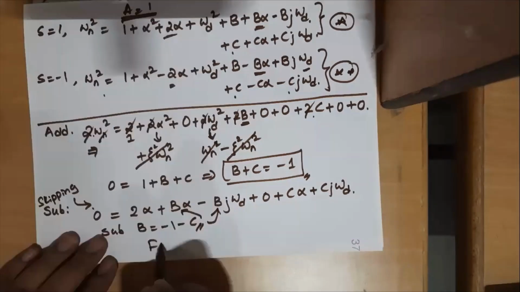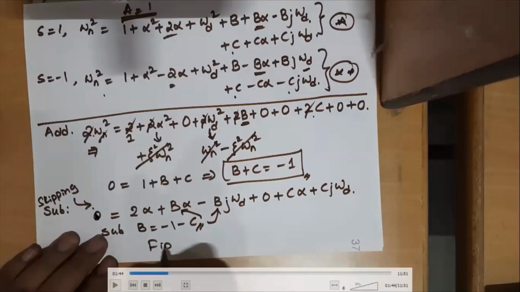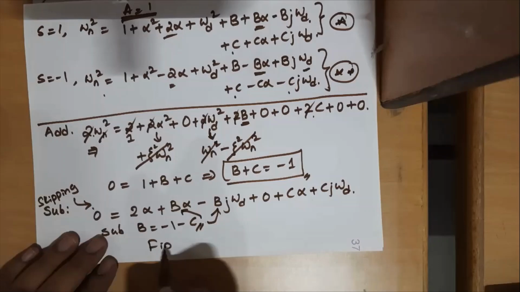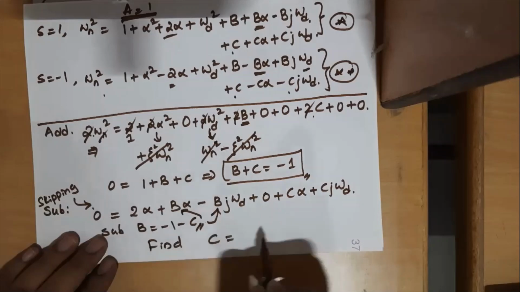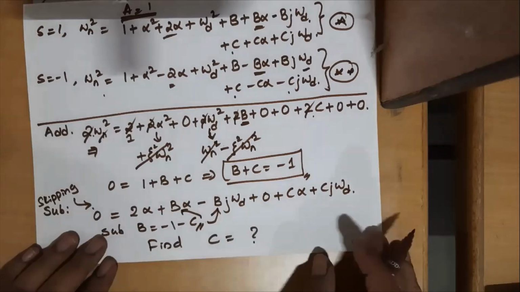So I will hold for 1 minute. If you want, you can write down only these equations, this equation and this equation, and please try to get the expression for c. You can try it out. I'll just give 1 minute because they're very simple equations.